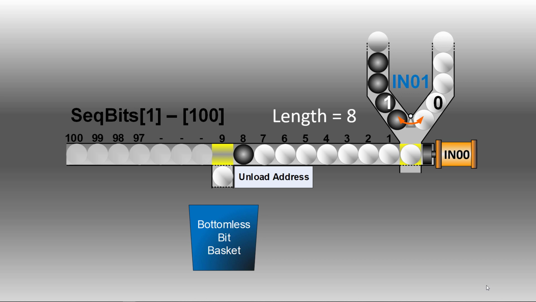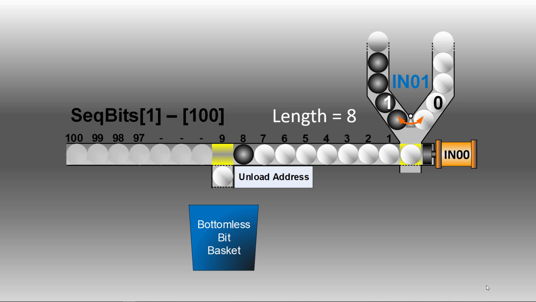We have two other memory locations involved, input 1 and input 0. Input 0 is the execution of the shift, the bit shift to the left. Input 1 is the value that we want to place into the least significant bit, or the least significant element of the array, which would be sequence bits 1.